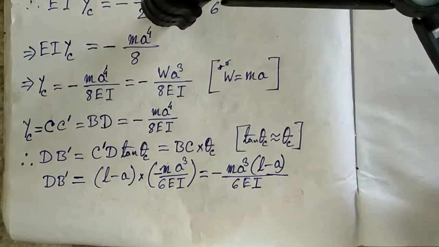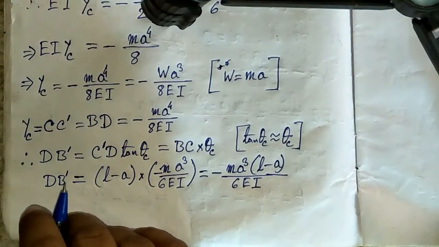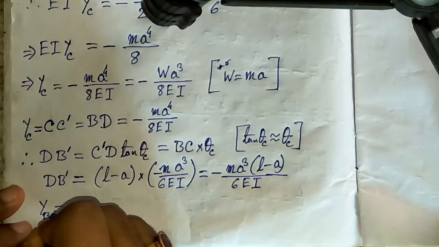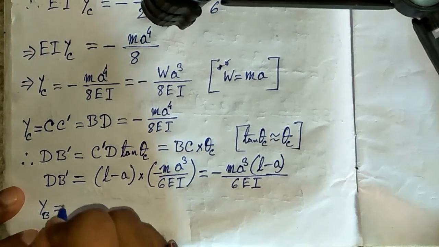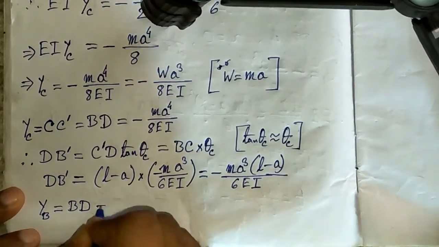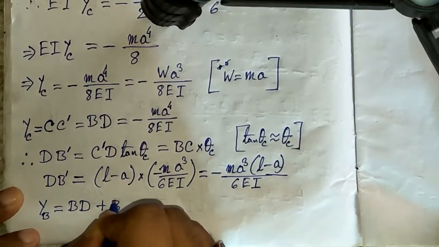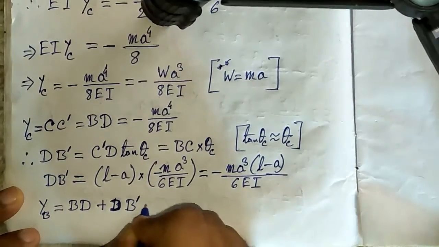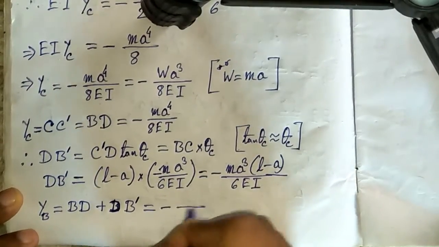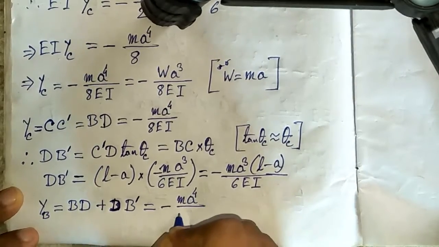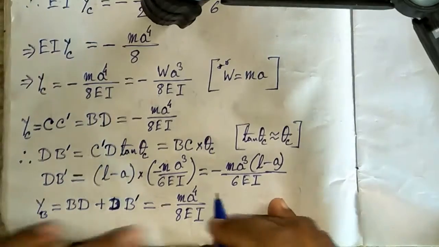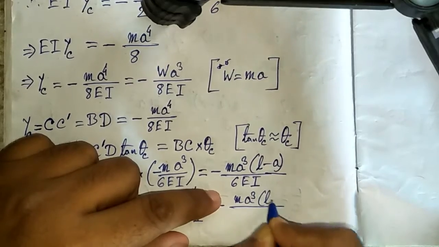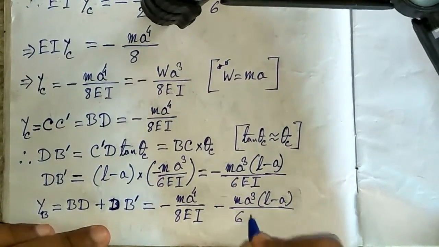Okay, so the total deflection at point B, that is YB, is equal to B to D plus D to B dash, that is equal to minus M a to the power 4 by 8 EI, minus M a cube into (L minus a) by 6 EI.